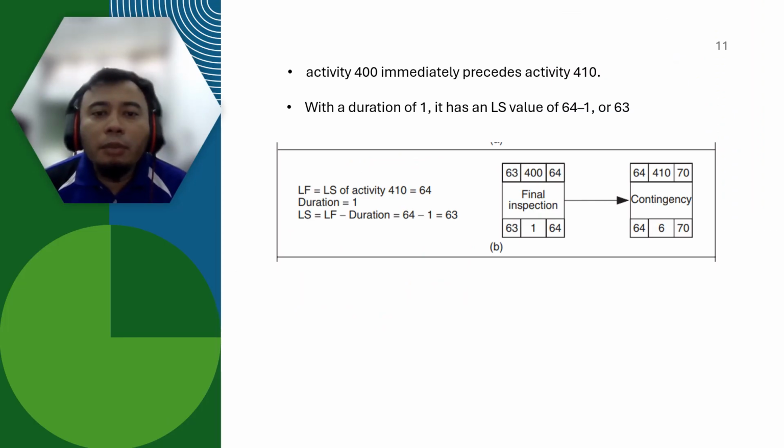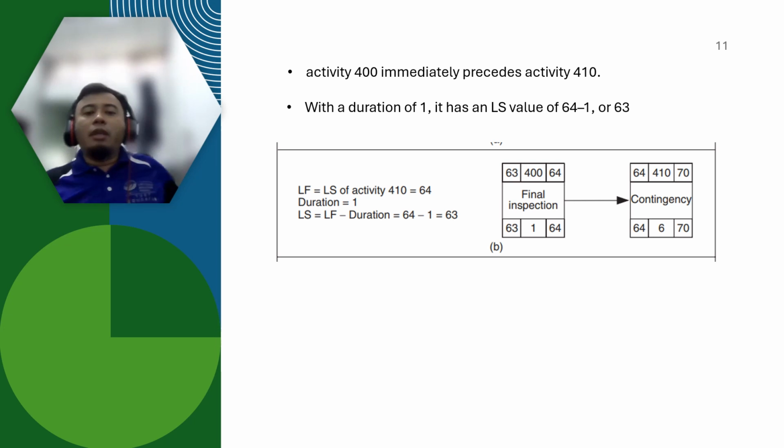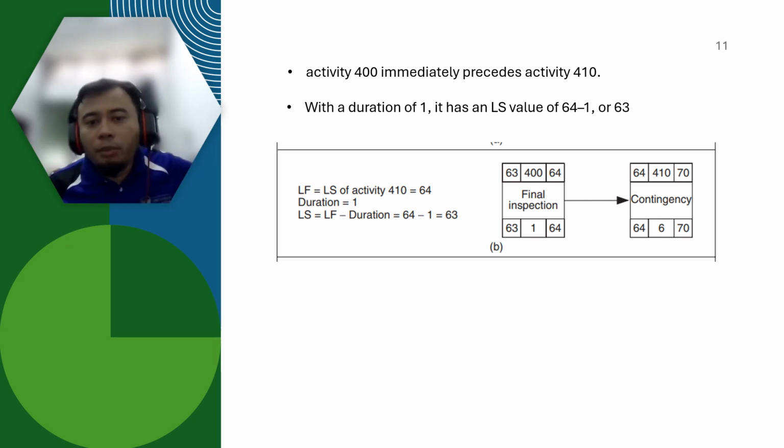Similarly, activity 400 immediately precedes activity 410. Duration of 1, it has a late start value of 64 minus 1, which is 63. In this example, final inspection is before contingency. So the late start for contingency 410 becomes the late finish for 400 final inspection.